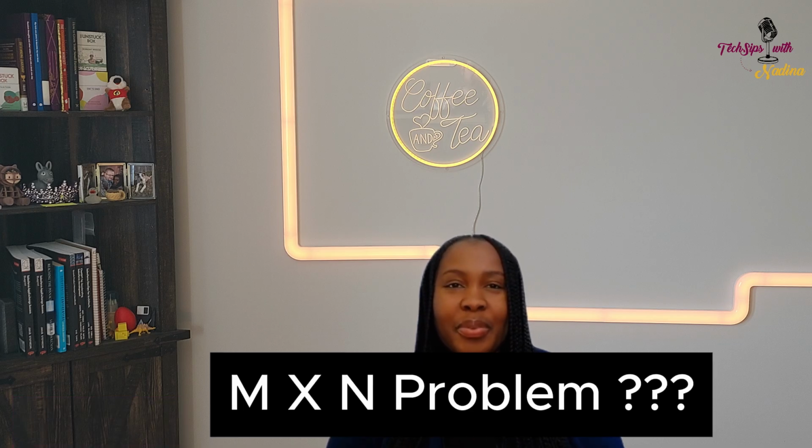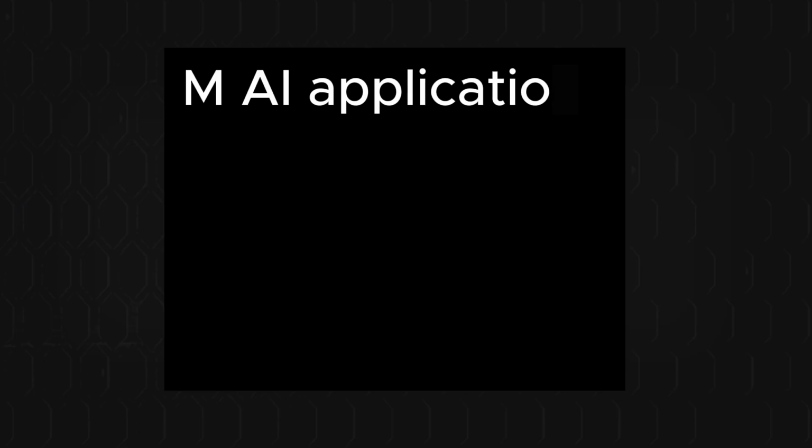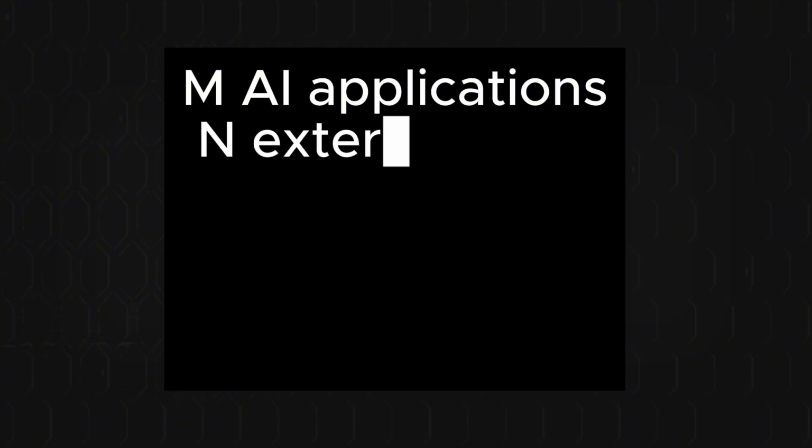To really understand the significance of MCP, we need to appreciate the problem it solves. Before MCP, integrating AI with other systems was a messy and inefficient process. Developers faced what's known as the M times N problem. Let's break that down. Imagine you have M AI applications and N external tools or data sources.